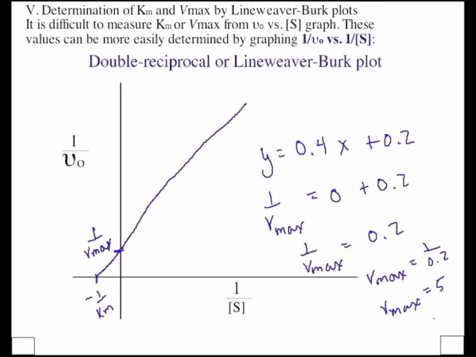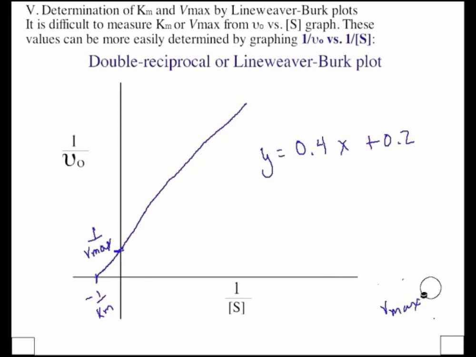You could do the exact same thing for finding the Km. Because you recognize that negative 1 over Km is equal to x when the y value is 0. So we would say at that 0, minus 0.2 equals 0.4 x.